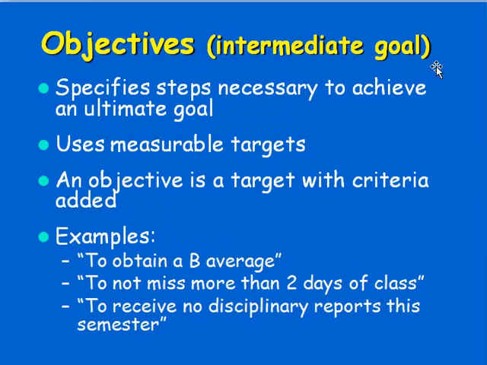An objective uses measurable targets, such as I talked about earlier. A measurable target for depression is a Generalized Contentment Scale score, where a Generalized Contentment Scale measures depression. So a measurable target is a score on that scale, and an objective is a target with a criteria added.